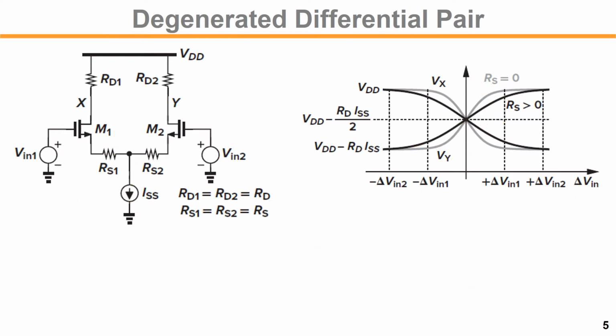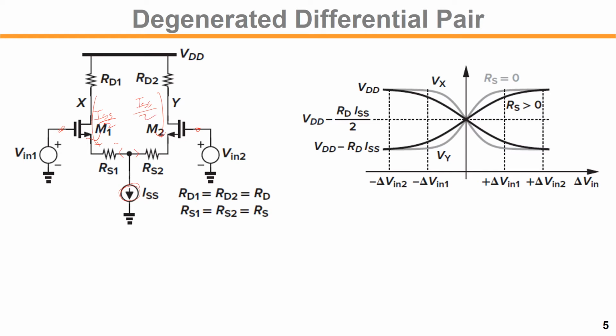This kind of source degenerated amplifier has a problem: the DC drop over RS. At bias, for the same input voltage, the ISS tail current will split in half. So ISS over 2 will flow through the left hand branch, and the right hand side branch will also flow ISS over 2.